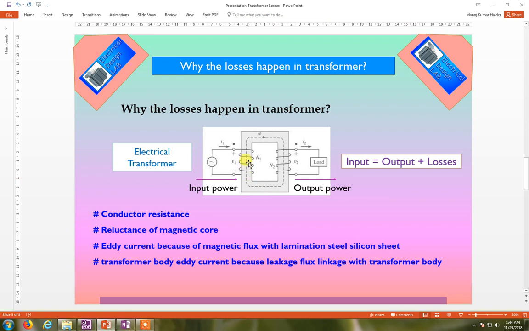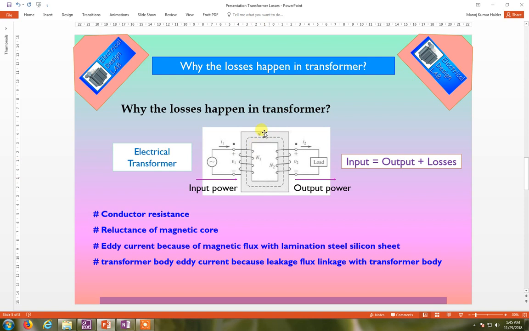Now, transformer body eddy current, because leakage flux links with the transformer body. Let's assume what happens when the primary source is connected to the primary coil. The flux is produced. Do you think all the flux produced here links with the secondary coil? Not sure. Some flux will come out from this core and is in air. These fluxes will link the transformer body. Why?